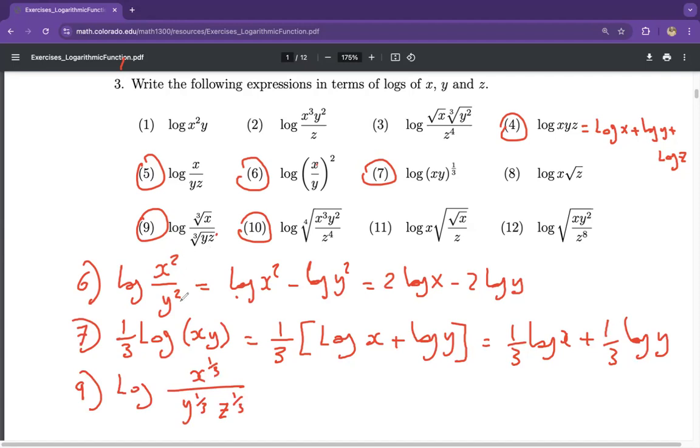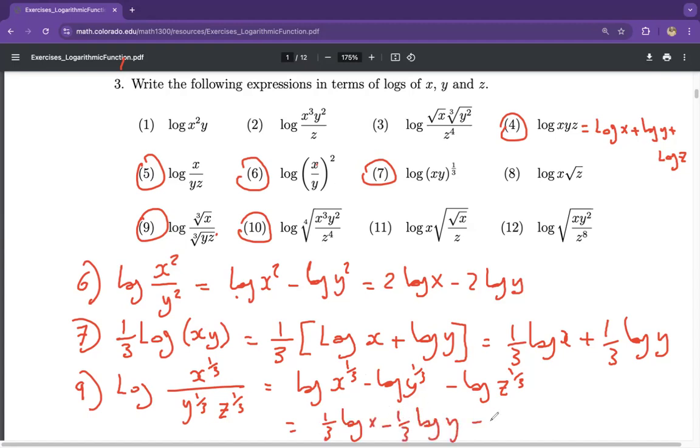So it's y to the 1/3, z to the 1/3, which equals log x to the 1/3 minus log y to the 1/3 minus log z to the 1/3, which gives me, you bring the 1/3 down, so 1/3 log x minus 1/3 log y minus 1/3 log z.